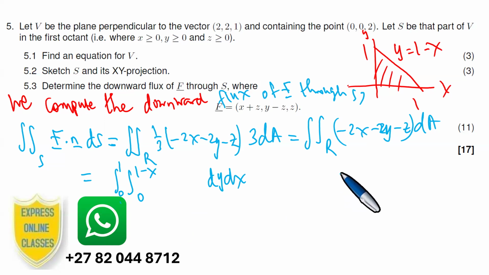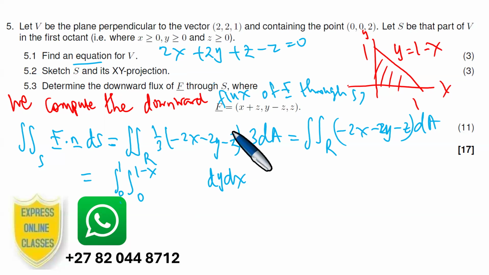We are able to take note of the fact that this would become the following, because the equation for the plane V is given by what? We got 2x plus 2y plus z minus 2 equals 0.